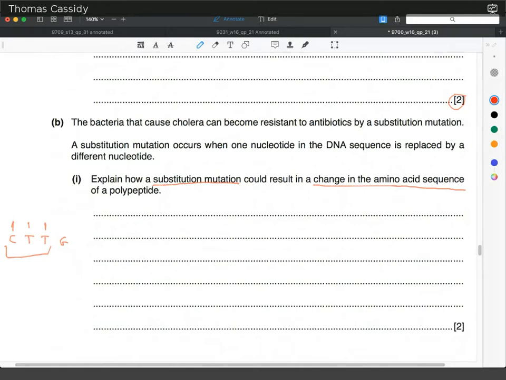And it tells us that a substitution mutation occurs when a nucleotide in the sequence is replaced by a different one.